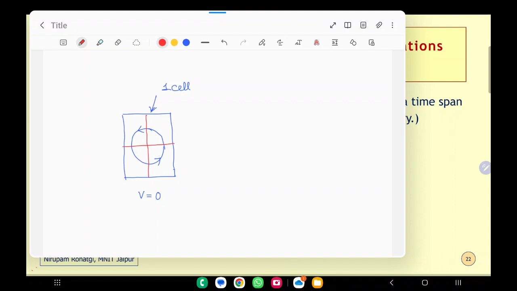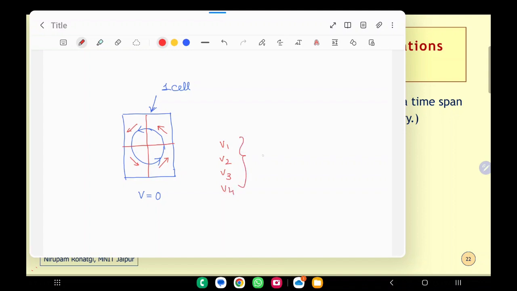Okay. Now what will happen if the vortex size is this? You can say the velocity here will be like this, here it will be like this, here it will be like this, and here it will be like this. Okay. So now you have 4 velocities. You have V1, V2, V3, V4.